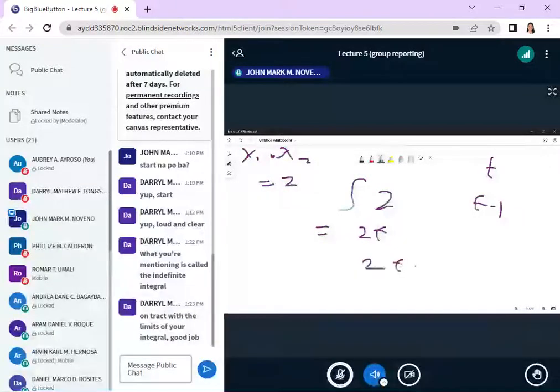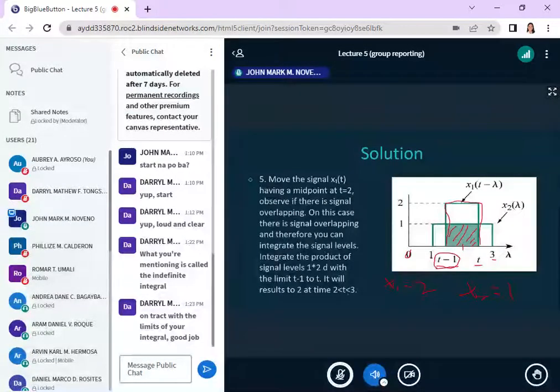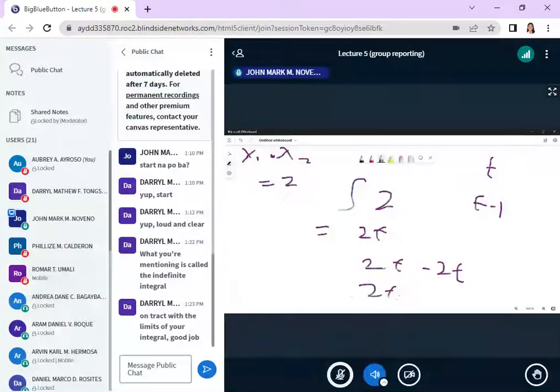Upper limit minus lower limit. Anong upper limit natin? Upper limit natin ay t. So, yun yung unahin natin. So, 2t, siya na yan. Tapos, minus 2, ano yung lower limit natin? T minus 1.